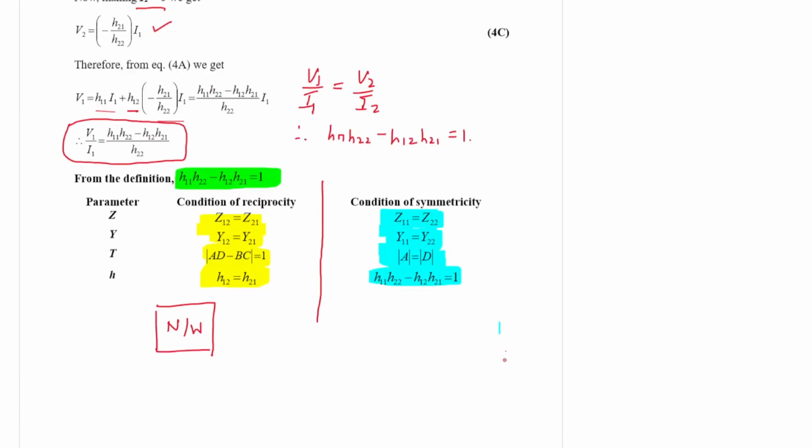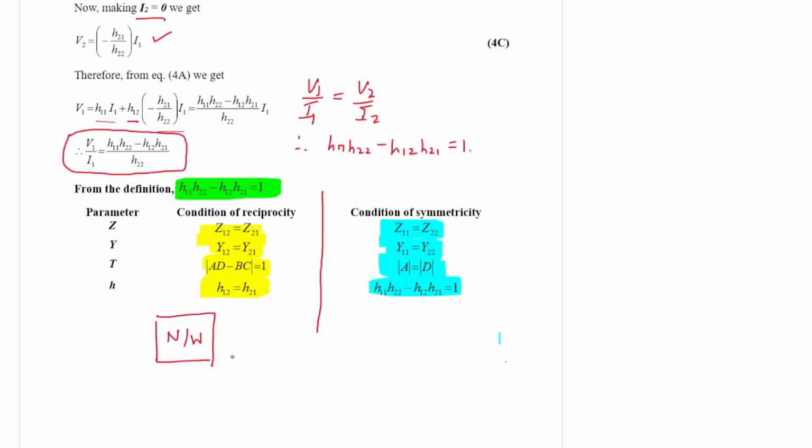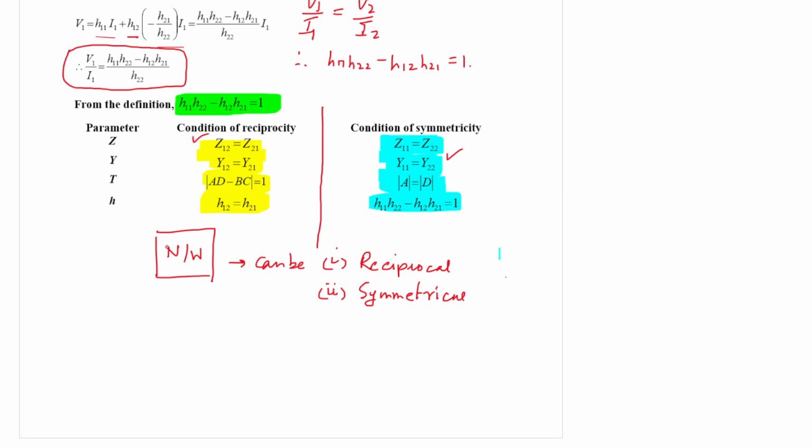So any network can be reciprocal provided these conditions hold, and can be symmetrical provided these conditions hold.